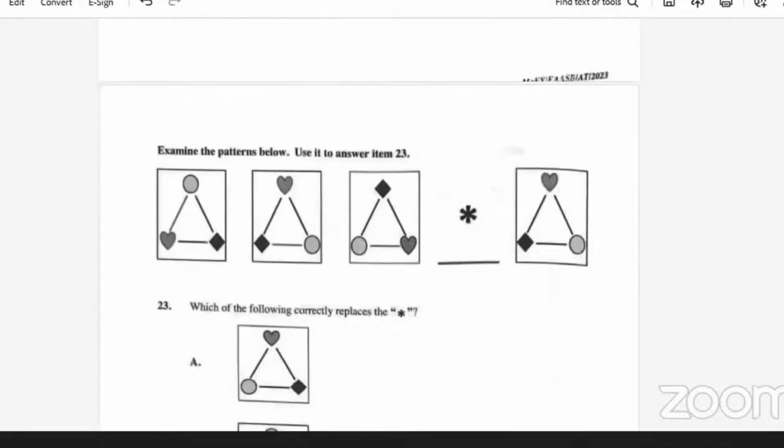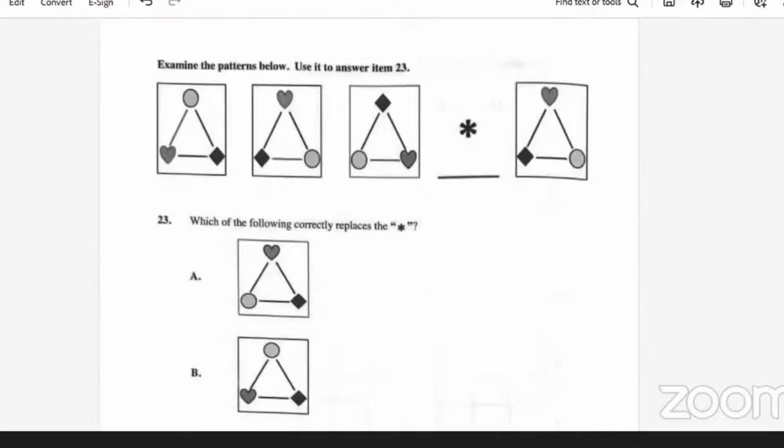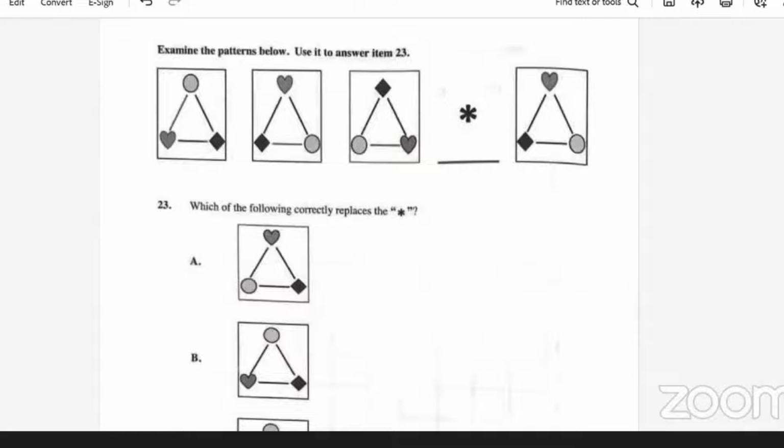All right, question 23. Examine the pattern below. Use it to answer item 23. All right, and we have to be so careful with patterns, but of course, there's always something that we can use to identify what should be next. So we have some patterns with a circle, a heart, and a diamond, okay, in different positions, right?